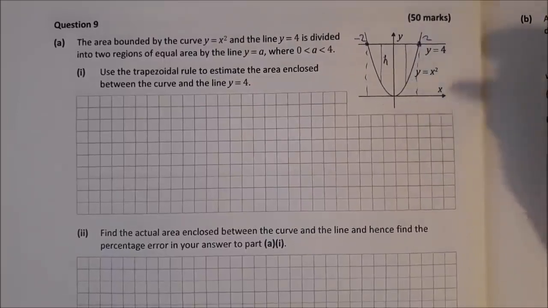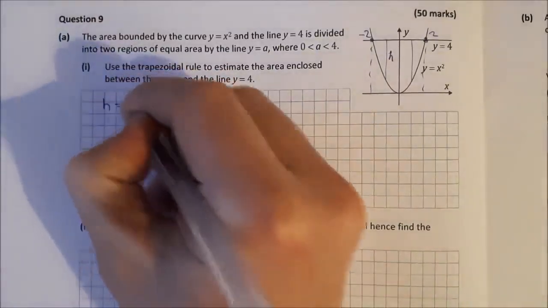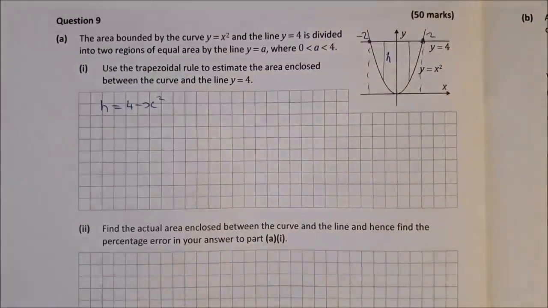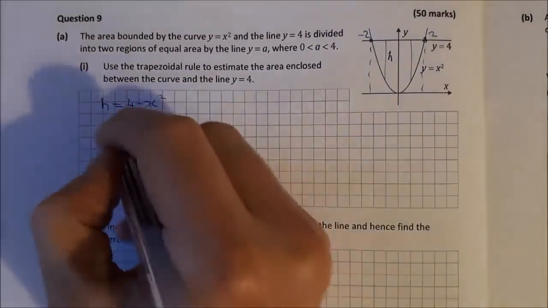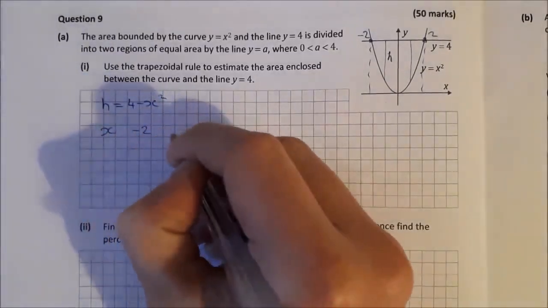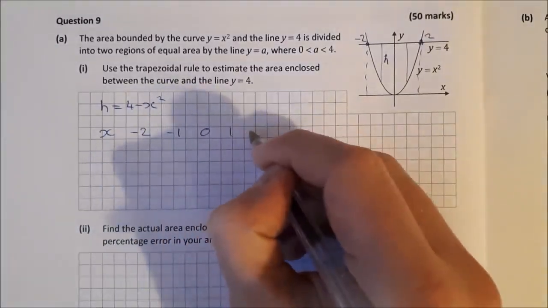So using the trapezoidal rule, I'm going to say x is from -2, then -1, then 0, then 1, then 2.